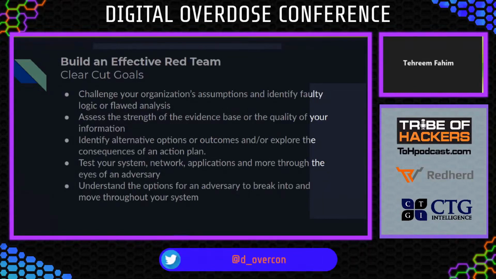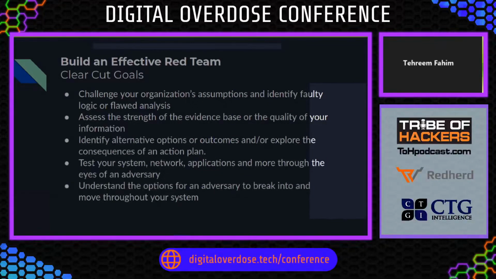First, challenge your organization's assumptions and identify faulty logic or flawed analysis. Second, assess the strength of the evidence base or the quality of your information. Third, identify alternative options or outcomes and explore the consequences of an action plan.